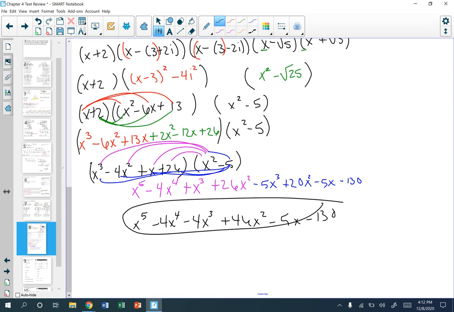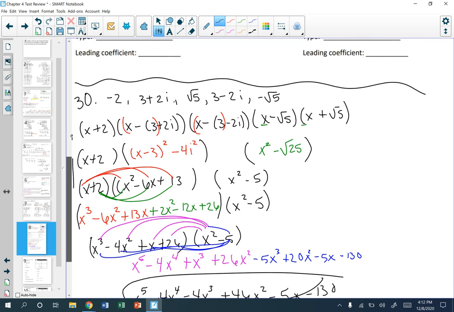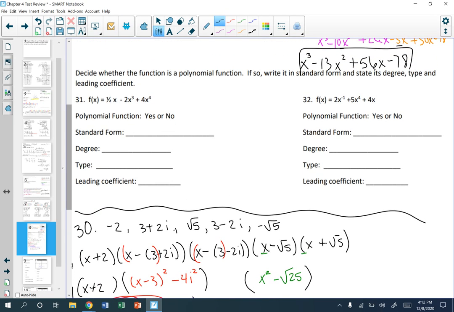Okay, so now let's go back up to number 31. Decide if the polynomial is a function. Remember here we have two rules for a polynomial to be functions. All of the exponents need to be whole numbers, and all of the coefficients need to be real numbers. In this case, both are true, so yes, this is.